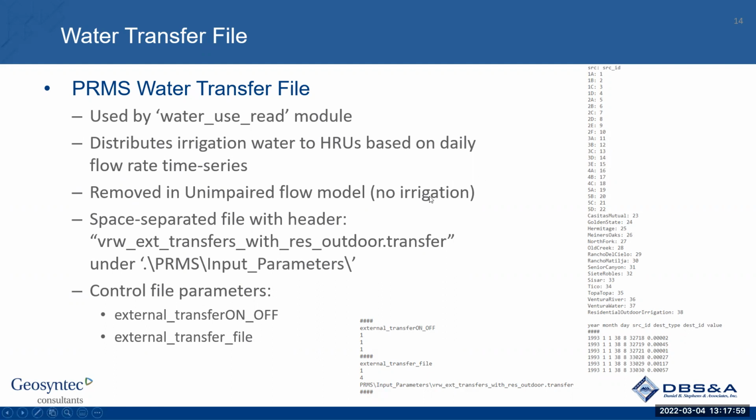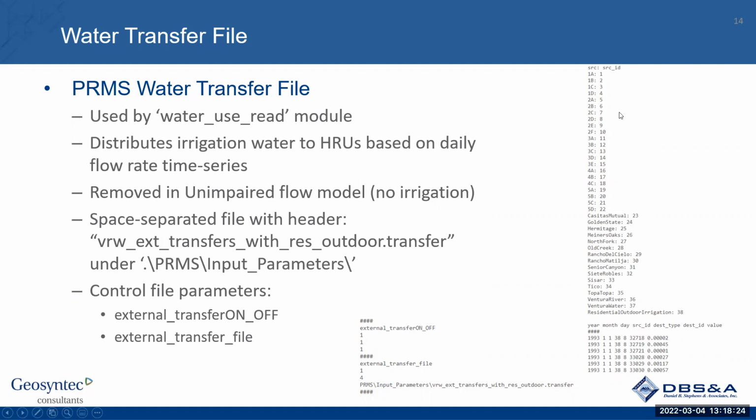If you end up changing the name of this file, you'll have to go into the control file and change the external_transfer file option in the control file. And this option, if it's on, it just tells the model to use it. If it's off, it doesn't use the water transfer.